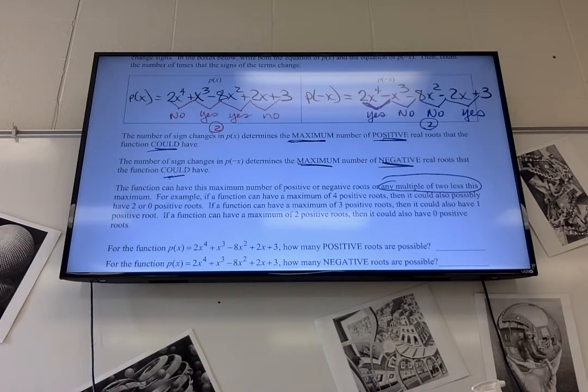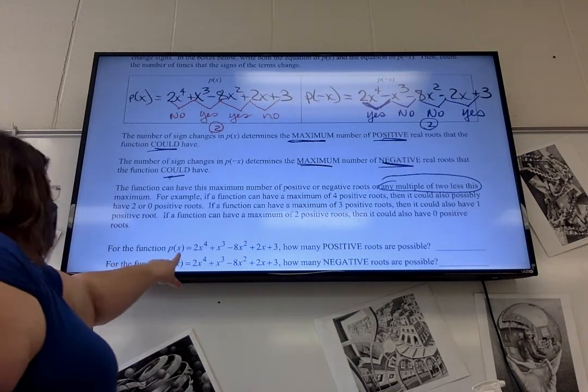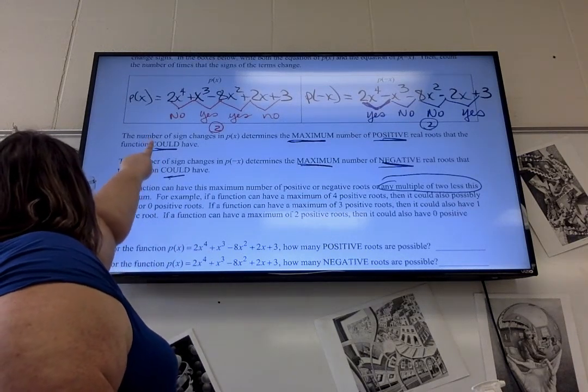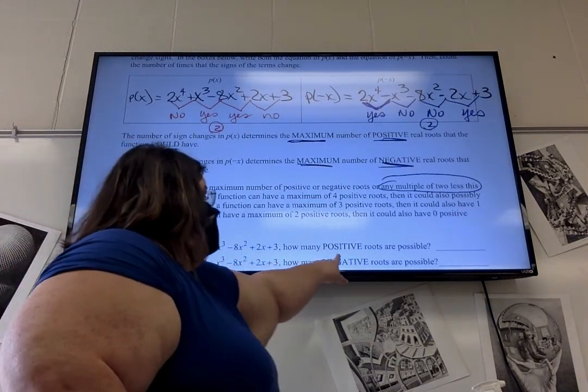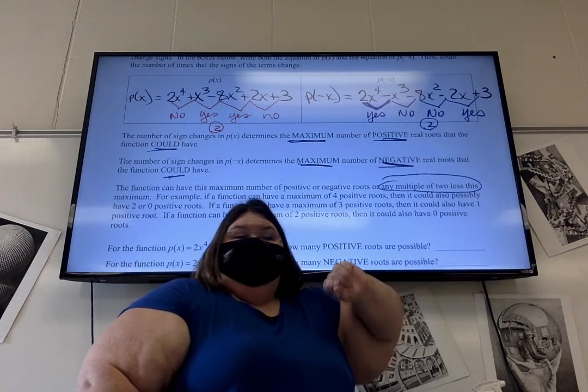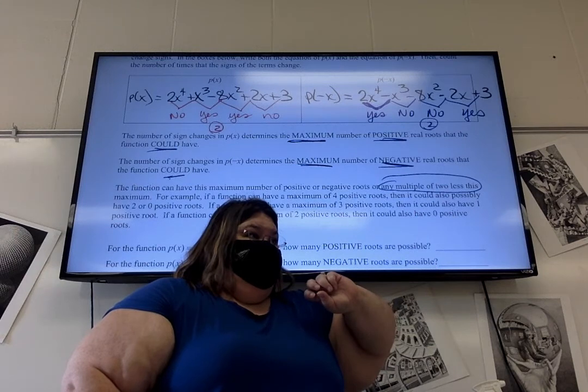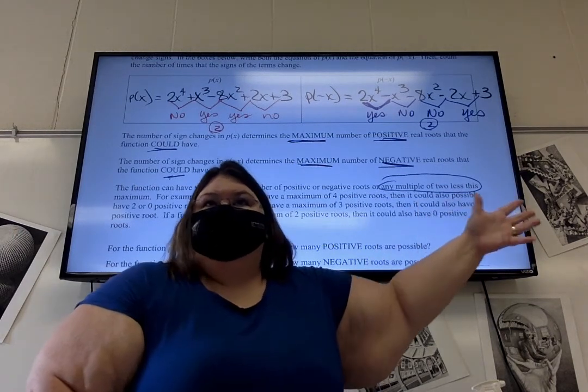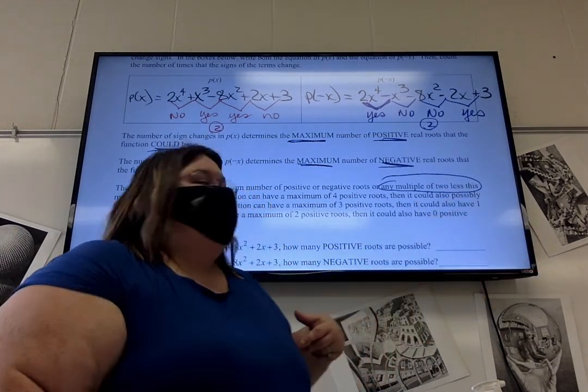All right. So for this one, just regular old p of x, we had 2. So positive roots are 2 or 0 because it has to be a multiple of 2. You just subtract 2 from it until you get to a negative number or 0.